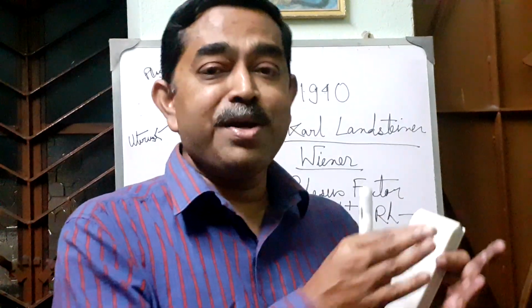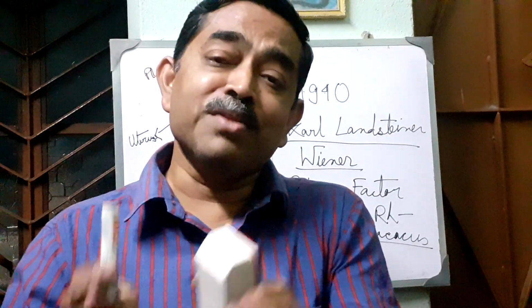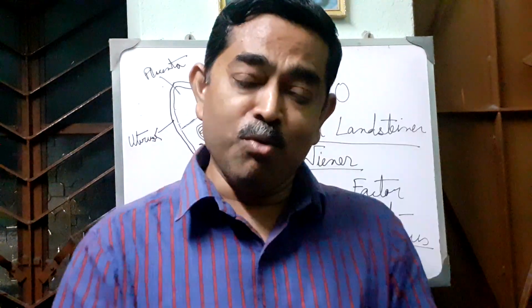So positive when D antigen is present, and negative when D antigen is absent on the surface of the red blood cells of the particular group.